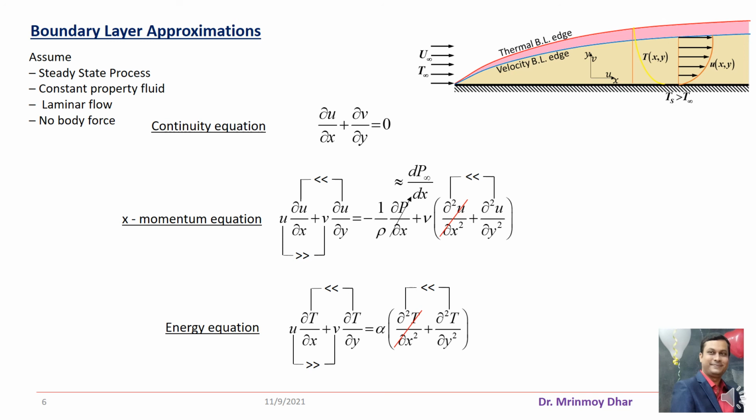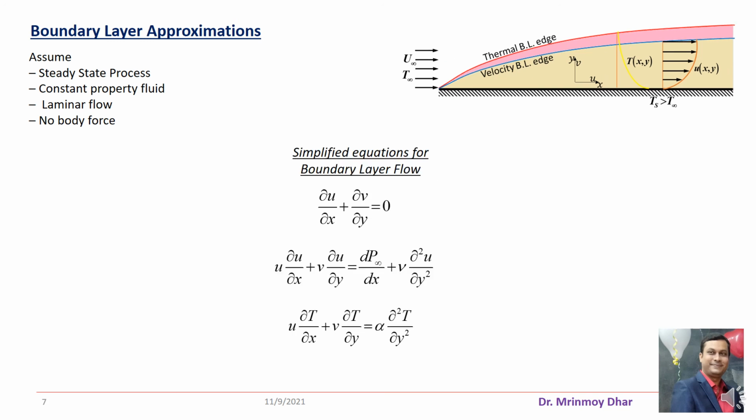With these simplifications, the final governing equations for boundary layer flow come out like this. The continuity equation remains as it is.